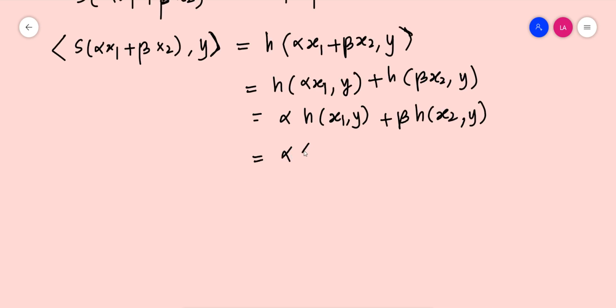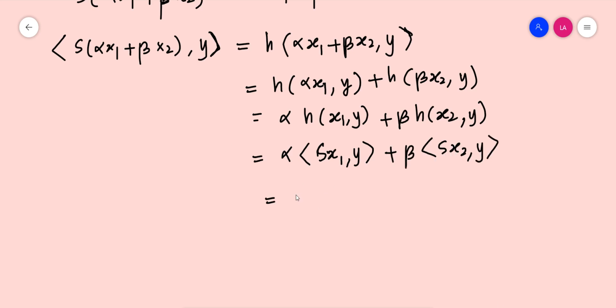So alpha times inner product Sx1, y plus beta times inner product Sx2, y by the definition of h. Now this can be taken inside.